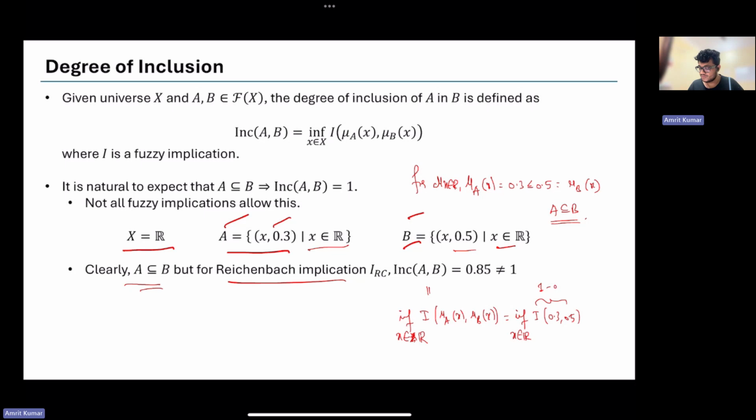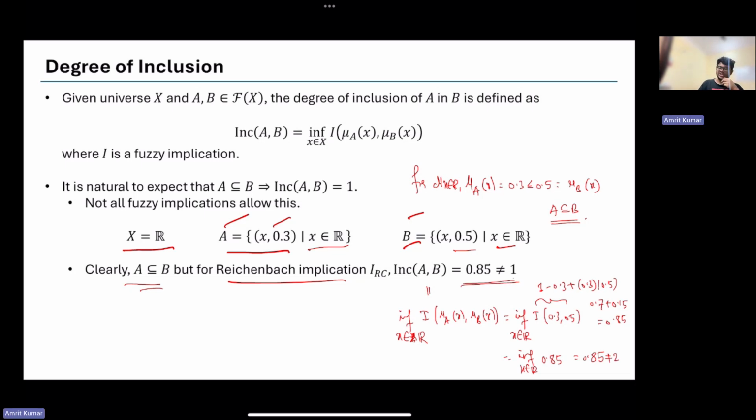So this becomes 1 minus 0.3 plus 0.3 times 0.5. So 0.7 plus 0.15, or in other words, 0.85. So the infimum as x varies over R of 0.85, and that is nothing but 0.85, and that is not equal to 1.